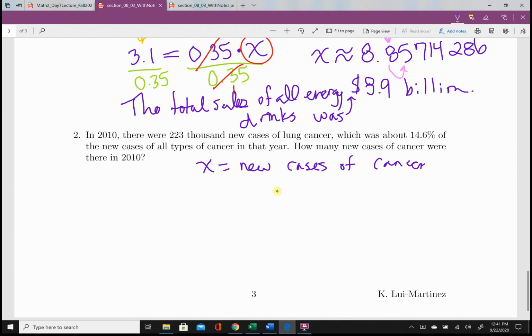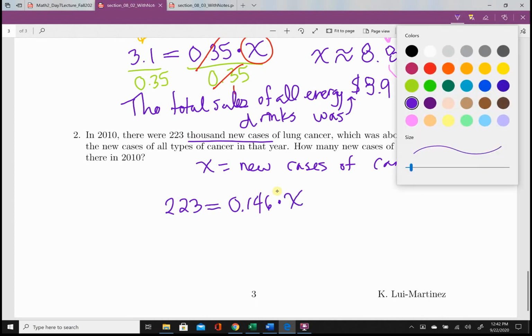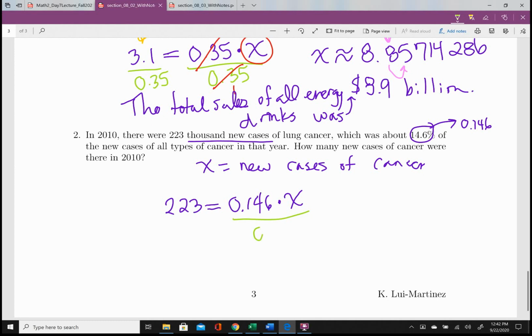recognizing that this 223, and we'll have it in thousands of new cases, was 14.6%. Hopefully everyone can follow how this decimal is representative of 14.6%. It's the decimal representation of that percentage of new cases. So again, pretty much same setup as the previous problem.